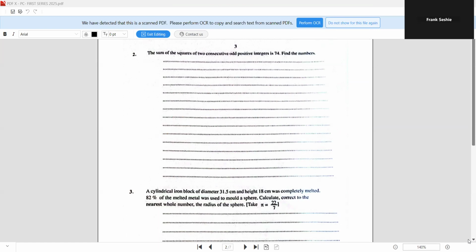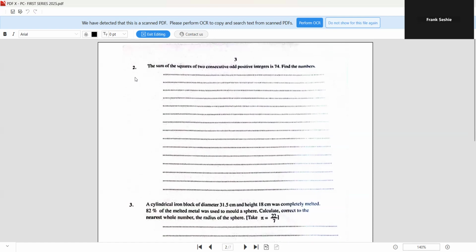So if the first odd number is x, my second odd number will be x plus 2. So the sum of the squares of them. I'm going to let x be my first odd number, so the square of that plus the second odd number, x plus 2 squared, and the sum of those squares should be equal to 74.